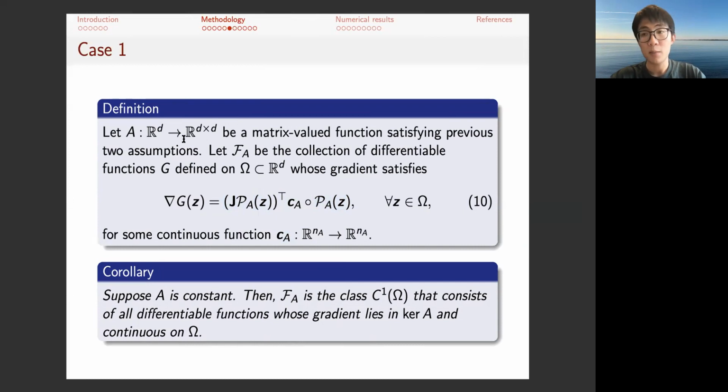This function space may look suspicious at first glance, but it is generally enough to represent arbitrary functions whose gradient lies in kernel A if A is a constant function, meaning that it is not a function of z. So it is in general a large enough function space.